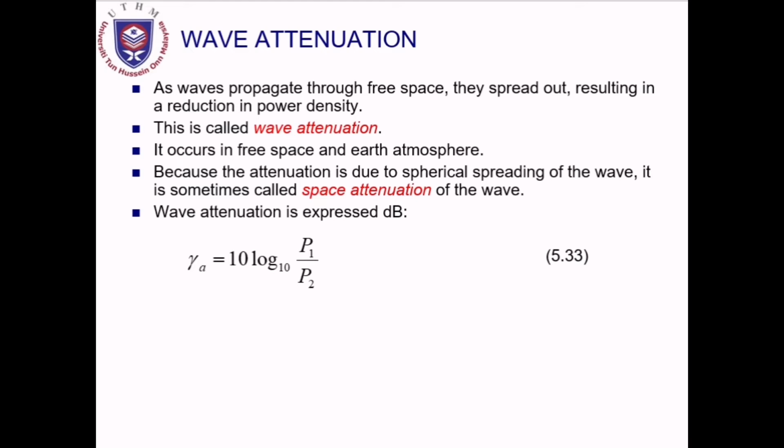As waves propagate through free space, they spread out, resulting in a reduction in power density, and this is called wave attenuation. It occurs in free space and the Earth's atmosphere. Because the attenuation is due to spherical spreading of the wave, it is sometimes called space attenuation of the wave. We can calculate this wave attenuation using this formula.